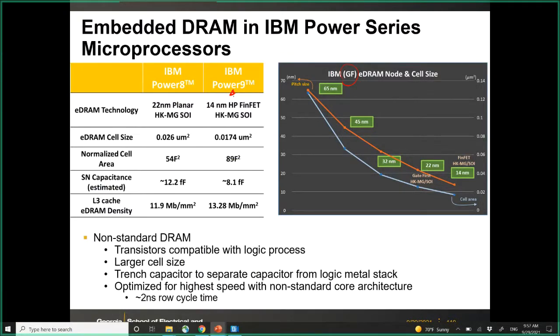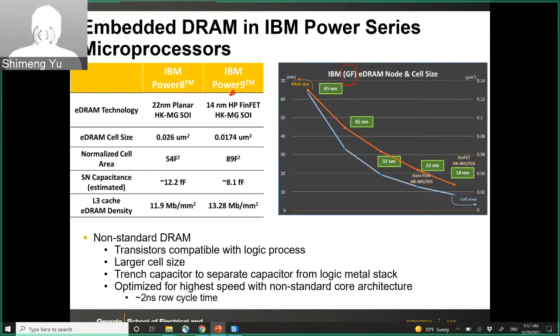For the eDRAM cell size, the Power 8 is on the 22 nanometer planar SOI platform, and the cell size is this one, and then the Power 9 is this one. If you normalize to the technology node, if you take that as the F, as we discussed, this is not a good correlation.